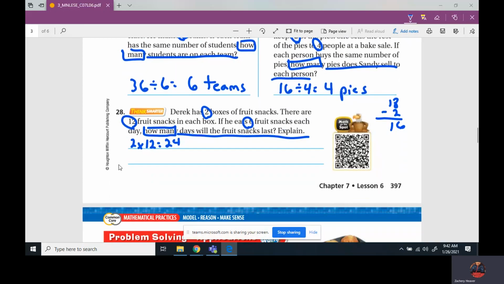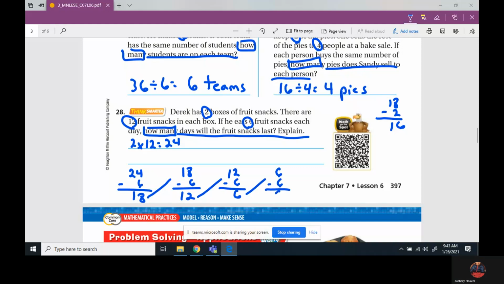I think I know where you're going. 24 minus 6, which equals 18, right? Now take my 18 and a minus 6. What does that equal? Now take my 12 and a minus 6. What does that equal? Now take my 6 and a minus 6. What does that equal? So how many problems do I have? 4 problems. 4 problems stands for 4 days.